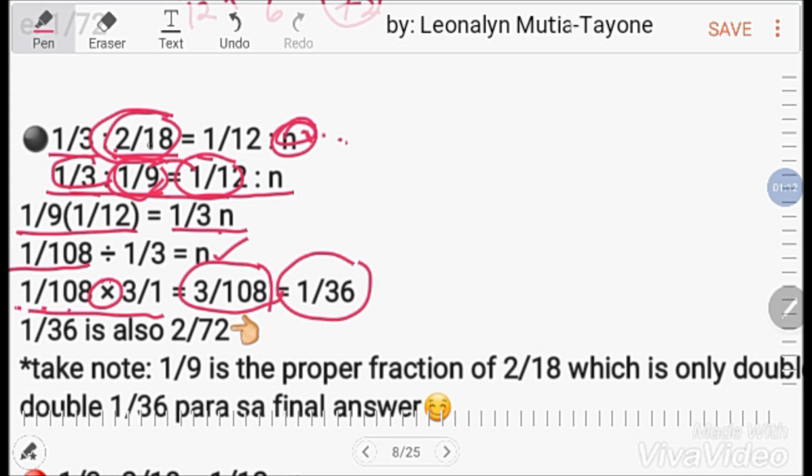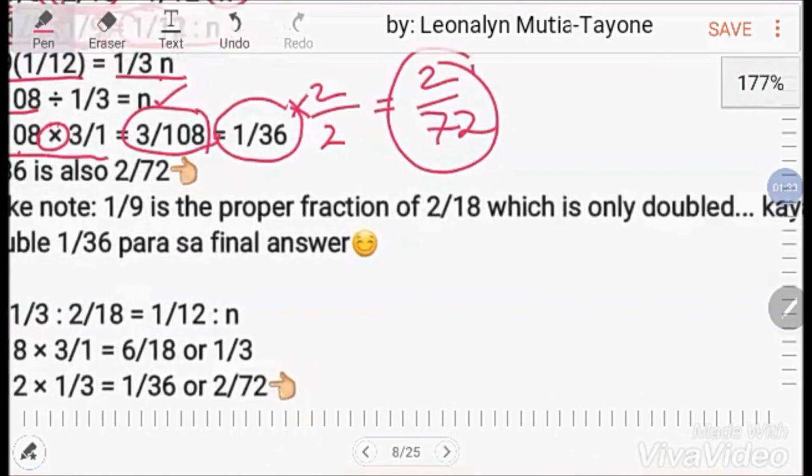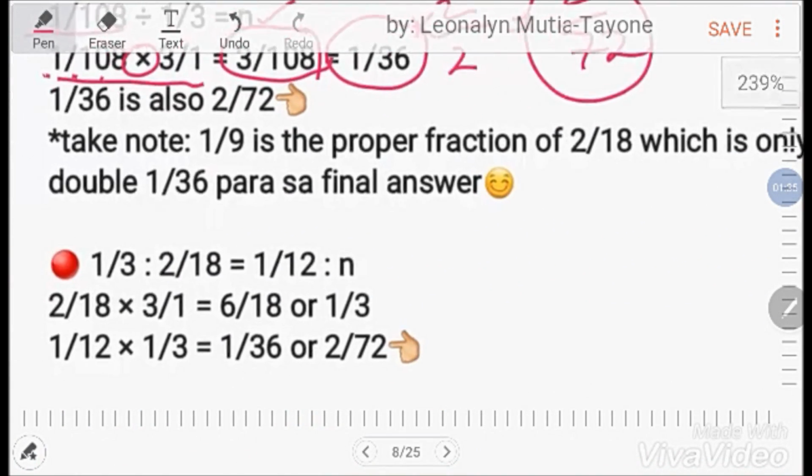Kasi, itong 2 over 18, hindi man siya proper fraction. So, itong 1 over 36, ito yung proper fraction. I-multiply din natin ng 2 ang denominator at saka numerator. Katulad nito, yung 1 over 36. So, ito ay 2 over 72. Kaya ang answer ay 2 over 72. Ganito lang din. Pareho lang din.